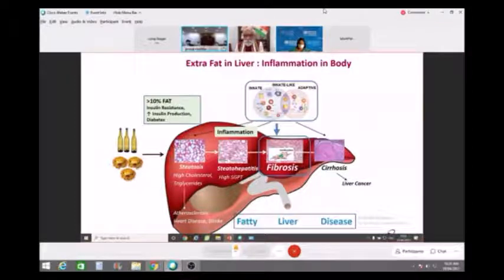And it will finally lead to cirrhosis or shrinkage of liver and may lead to liver cancer. So fatty liver disease is a major challenge. Just pure fat, and inflammation and scarring and cirrhosis and its complications.